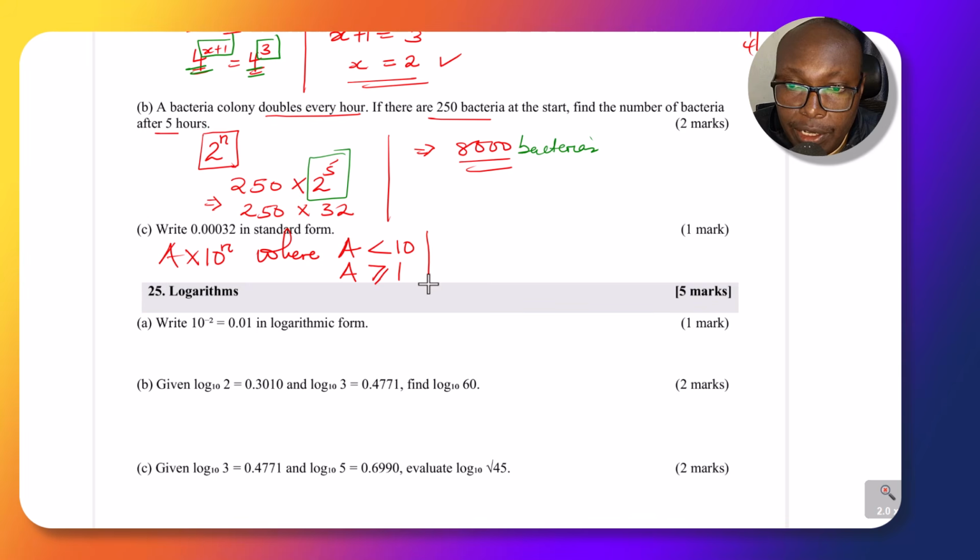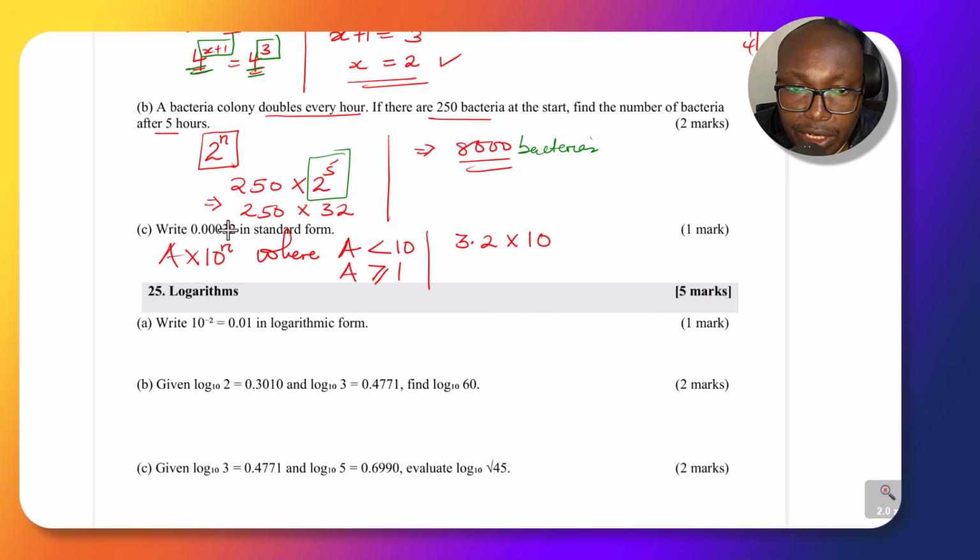So when you look at this number here, if you put the decimal where you have 32, you put the decimal at 3.2. You can see 3.2 is less than 10, and it is greater than or equal to 1. Then n can be any integer. So 10 to the power n. Now look at where you placed the decimal between 3 and 2. So now you count the number of steps to where the decimal was originally.